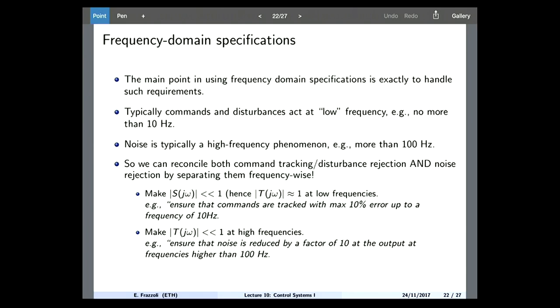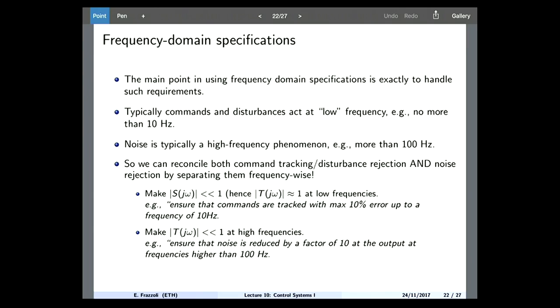For example, your reaction time is probably of the order of a tenth of a second. So there is no way that a pilot will drive something at a frequency much higher than 10, 20 hertz. So there is absolutely no need to track commands at more than 20 hertz, period. That's just the way it is.